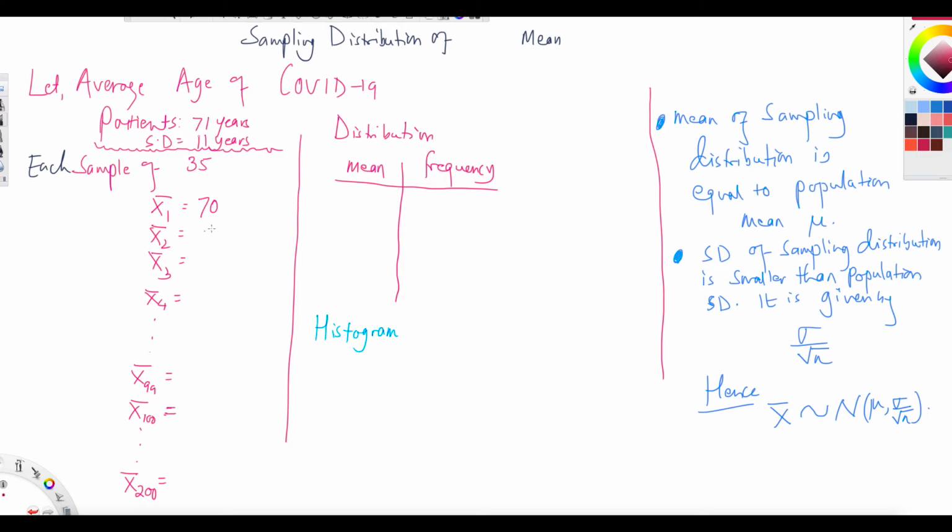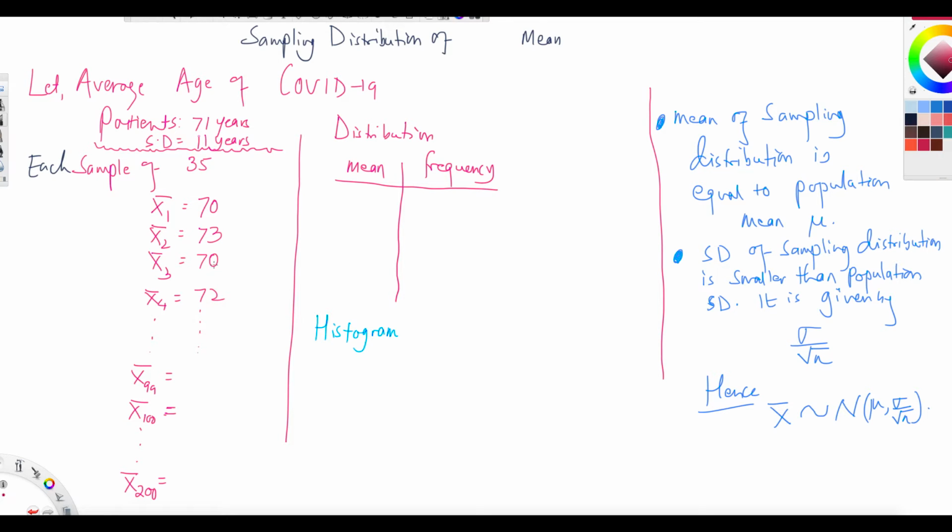Let's say I take another from the south and found 73 years. From the north, again 70 years. From the west coast, 72 years, and so on.